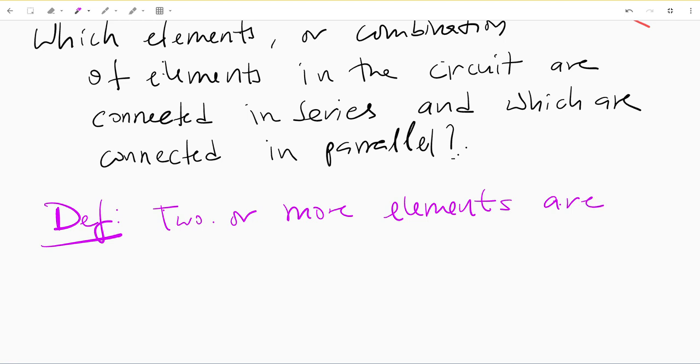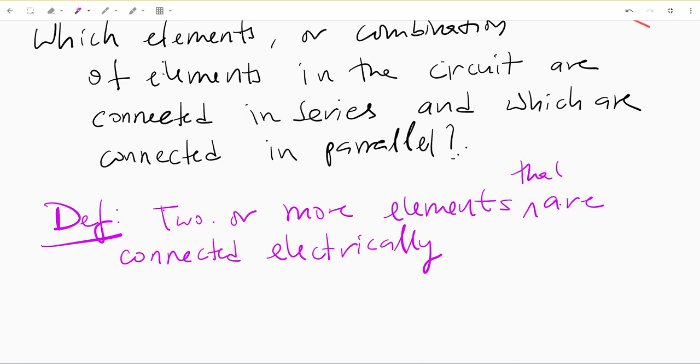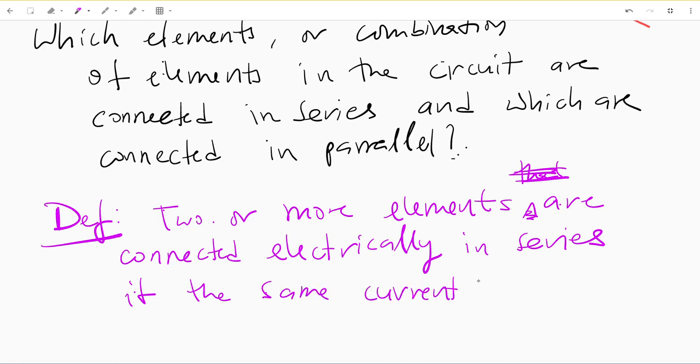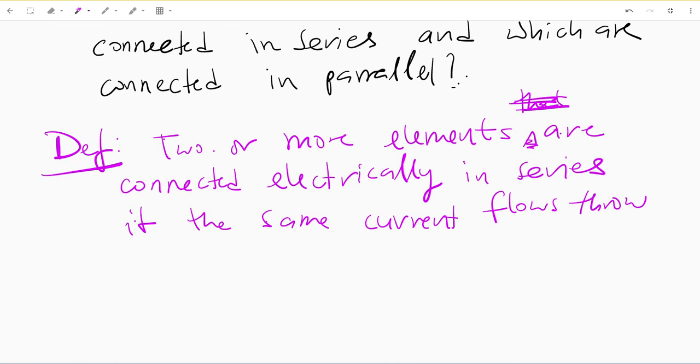Two or more elements are connected electrically in series if the same current flows through them.